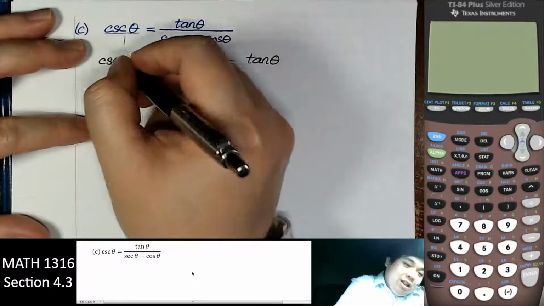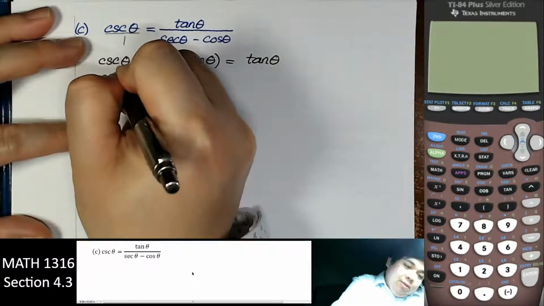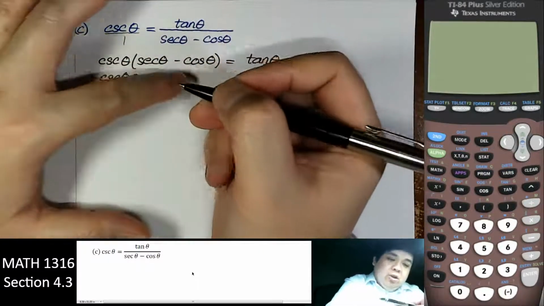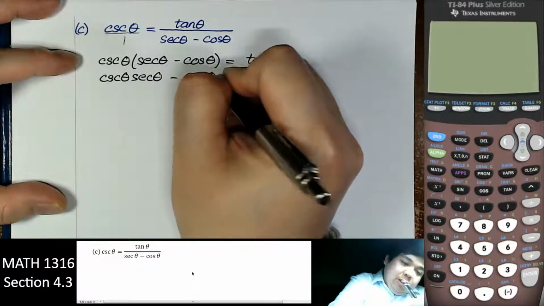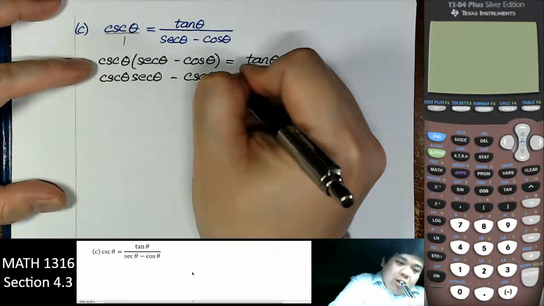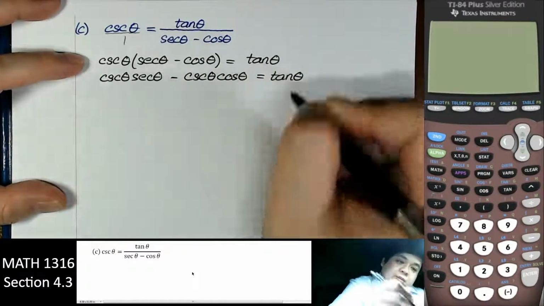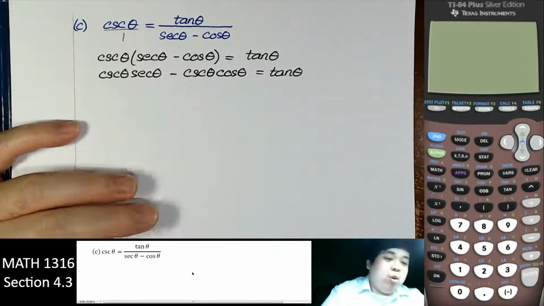Cosecant times secant and cosecant times cosine, and then tangent. Right, cross multiply, then multiply it out. Very normal thing to do.